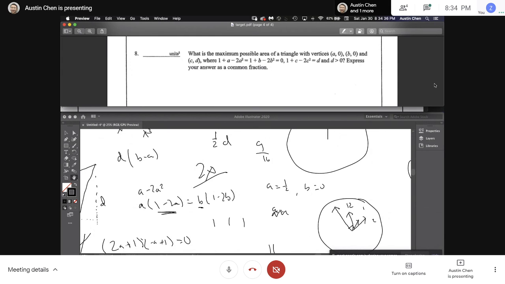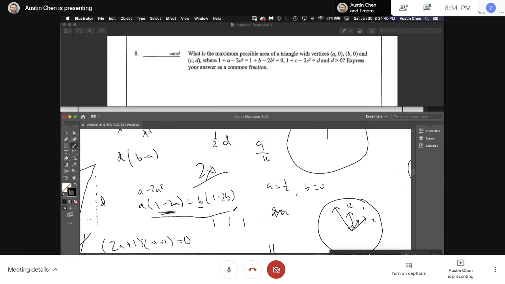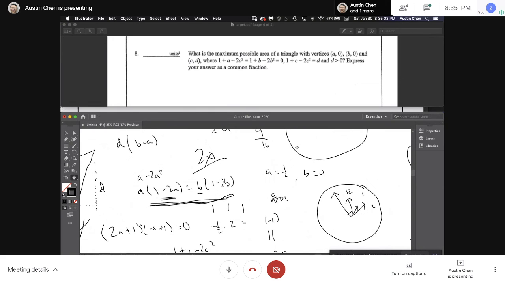Wait, but then is this thing satisfied if a equals negative 1/2 and b equals 1? 1 times negative 1, so that's negative 1 equals negative 1.